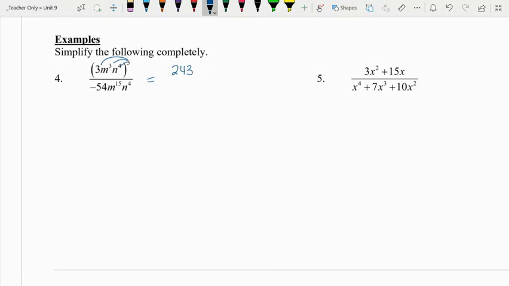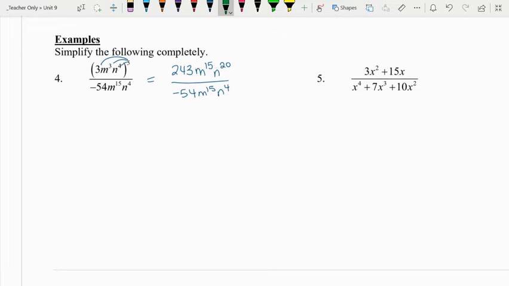Again, it's not 3 times 5, it's 3 times 3 times 3 times 3 times 3. And then we would have m to the 15th, n to the 20th. Our denominator can't change at all so far. And then we just need to reduce, right?